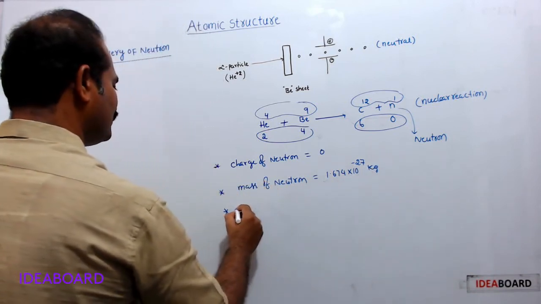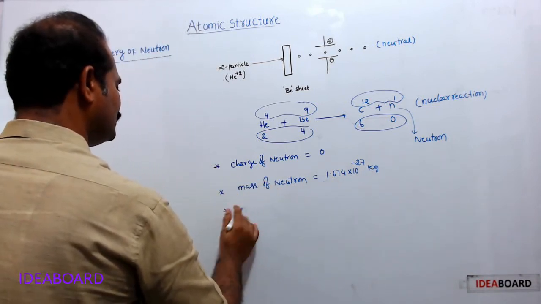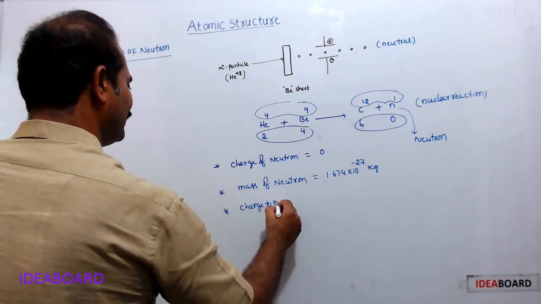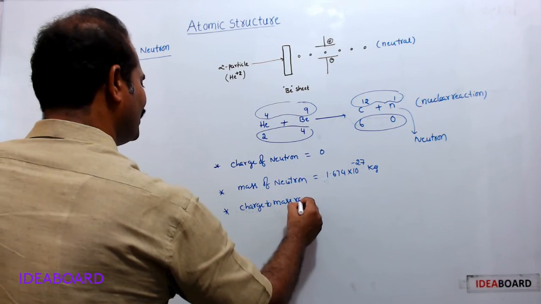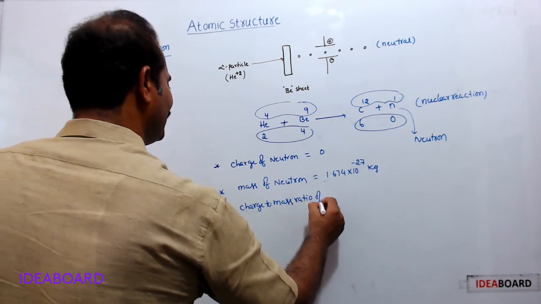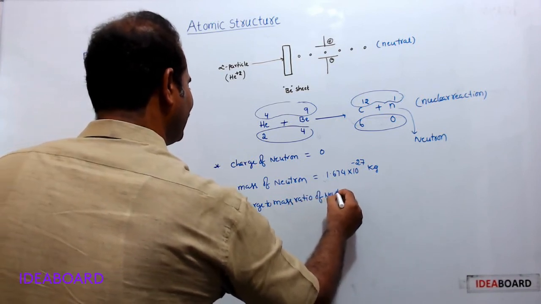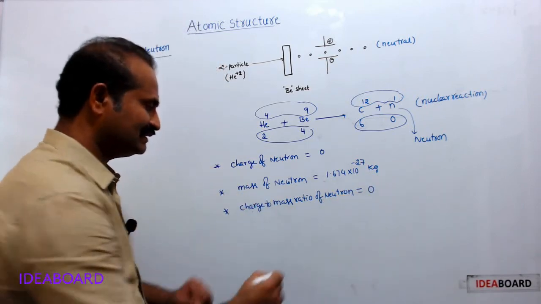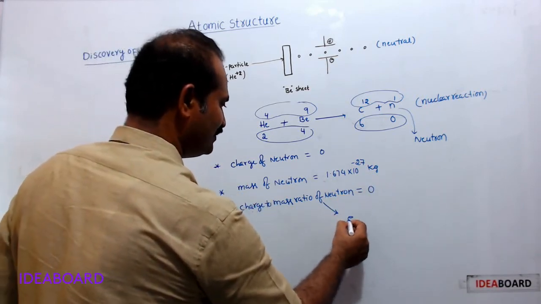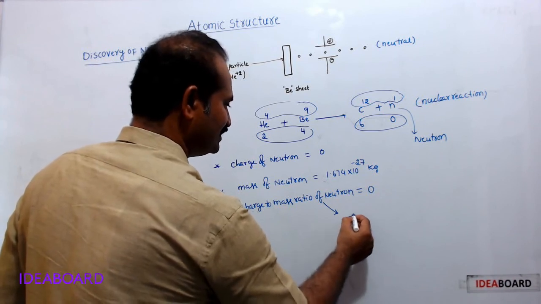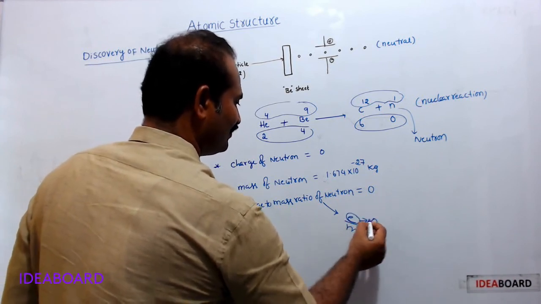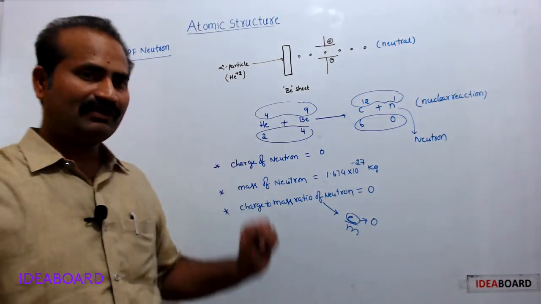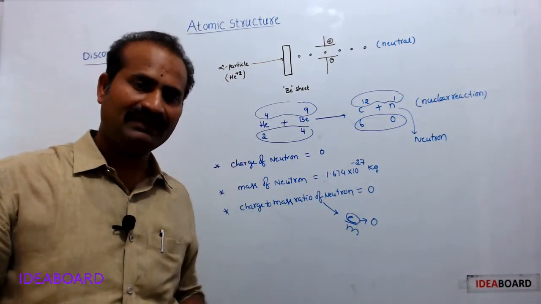Charge to mass ratio of neutron is 0, because charge to mass ratio means e by m. Here the charge is 0 for neutron, 0 by anything is 0. Therefore, this is about discovery of proton and neutron.